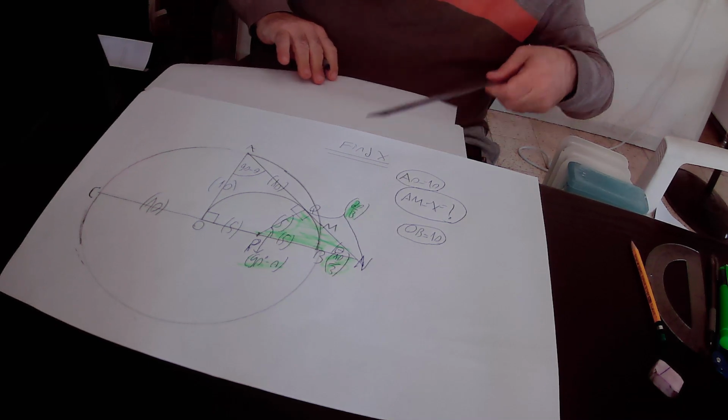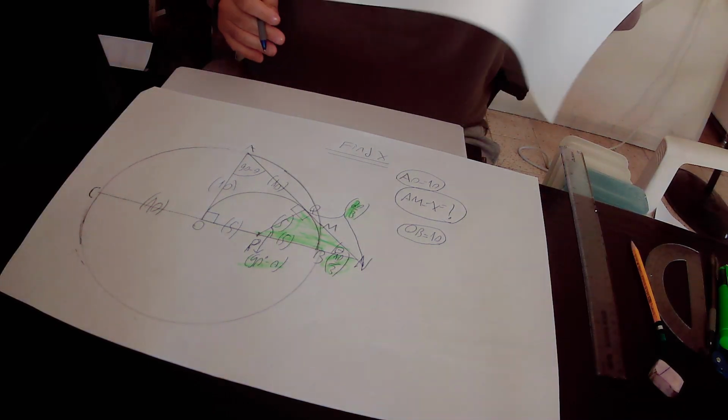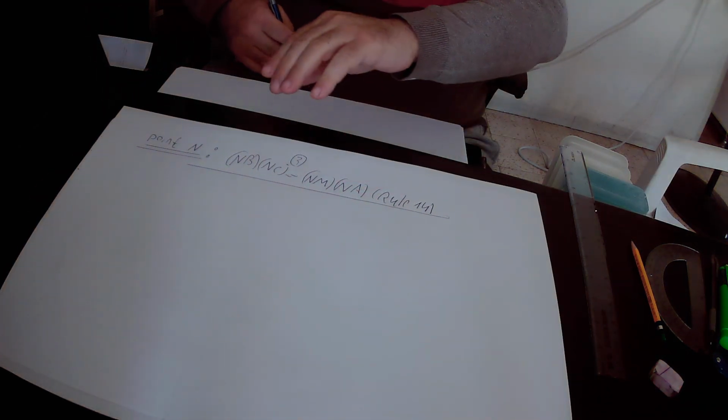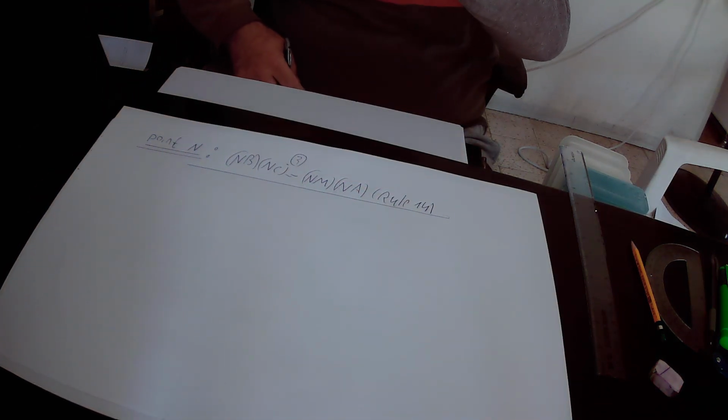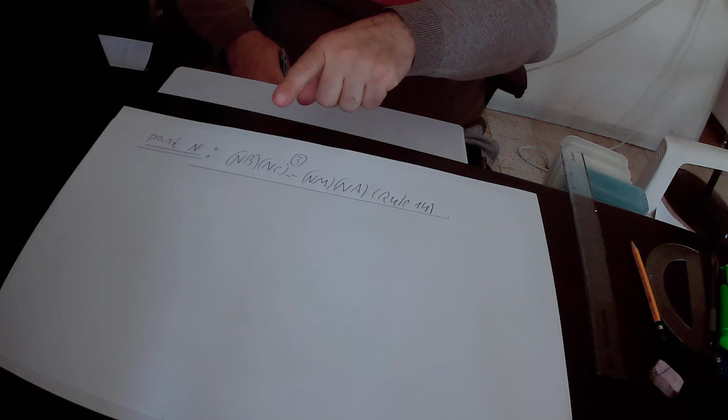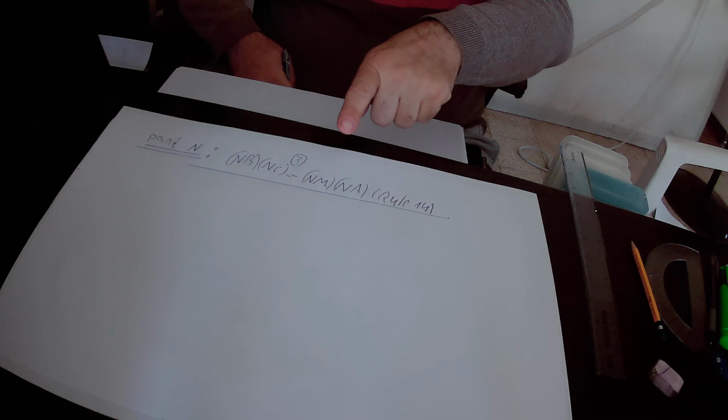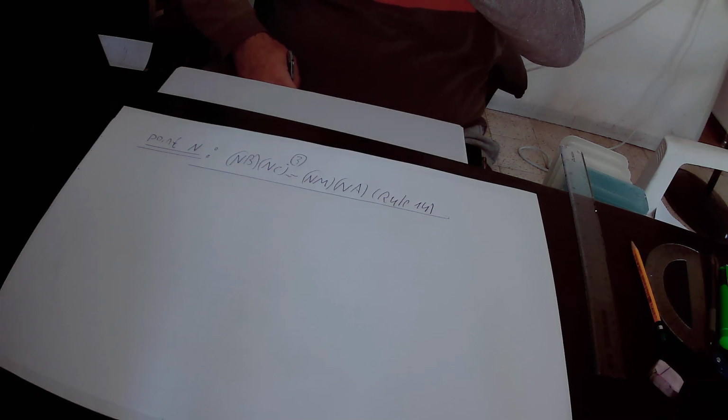I'll repeat again. In our original drawing, if we focus on the common external point N, NB times NC equals NM times NA. Okay?